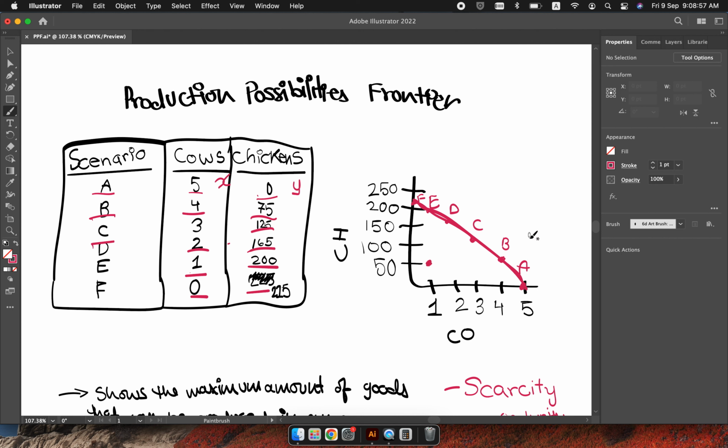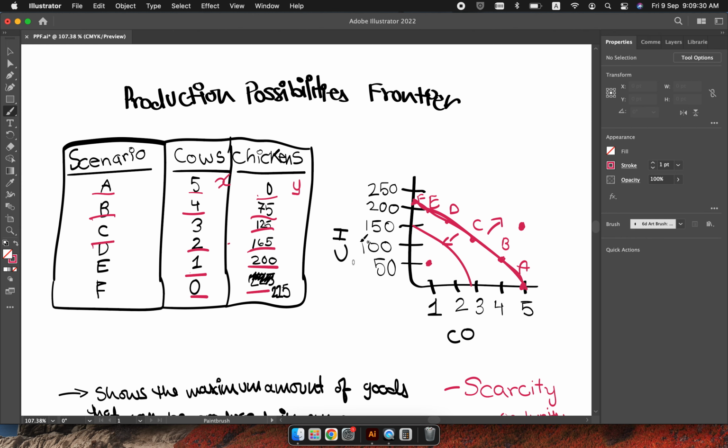But if the farmer decides to have 5 cows and 150 chickens, that is a point outside the curve and is unattainable, unless he employs more workers, has a bigger farm, or broadens his budget. Then it is possible for him, and this would result in the curve moving outwards. If, for example, he goes into losses and has to let go of employees, the curve would then move inwards, and a new production possibility curve would be established.